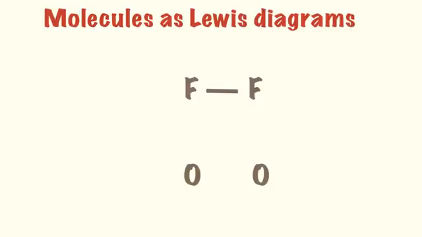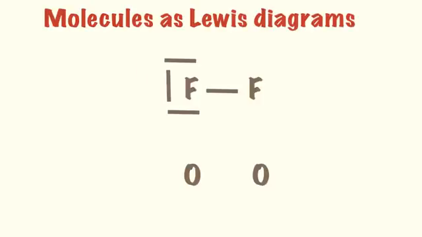But that's not a Lewis diagram, because a Lewis diagram shows all of the electrons around all of the atoms. At the moment, I'm only showing 2 electrons. So let's show the rest around this fluorine atom. There you are. There's 1 pair, 2 pairs, and there's the 3rd pair.